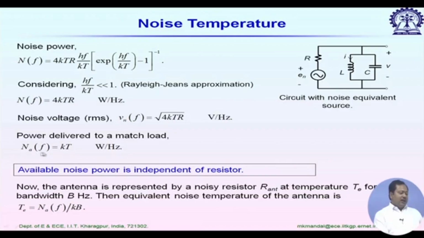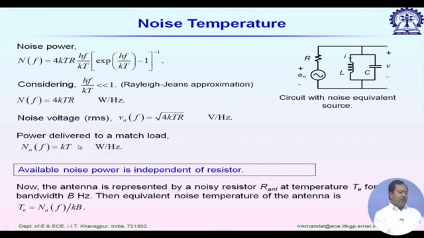So, the maximum power that can be extracted from this resistor is given by the maximum power transfer theorem when the load is matched to the source resistor, or if we connect another resistor of the same value R. And in that case, if we calculate the noise power that is being absorbed in that load resistor, it becomes independent of the resistor. So, the value is given by Na, which is of course a function of frequency. This is equal to kT, k is the Boltzmann constant.